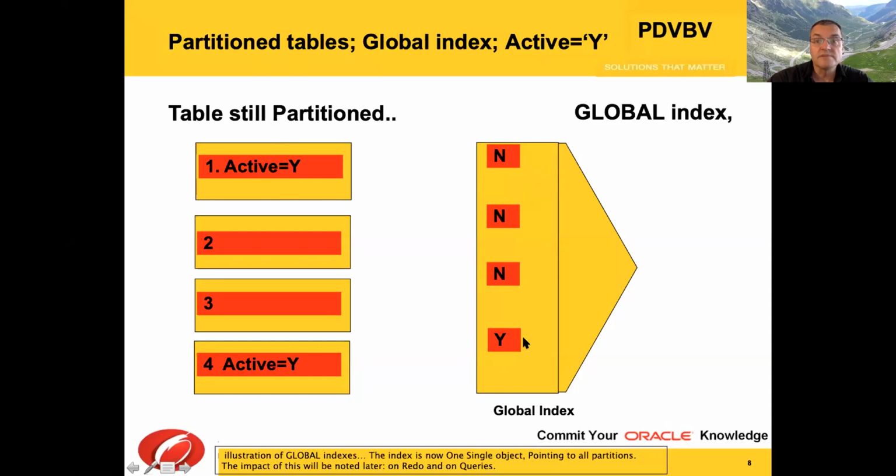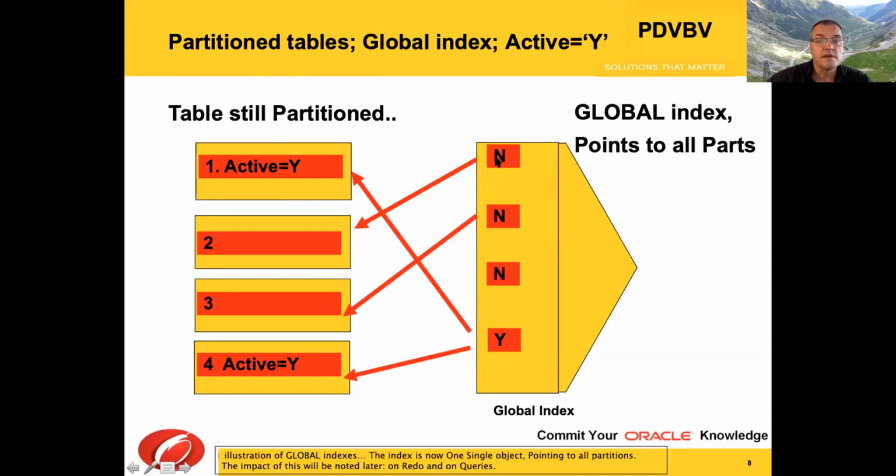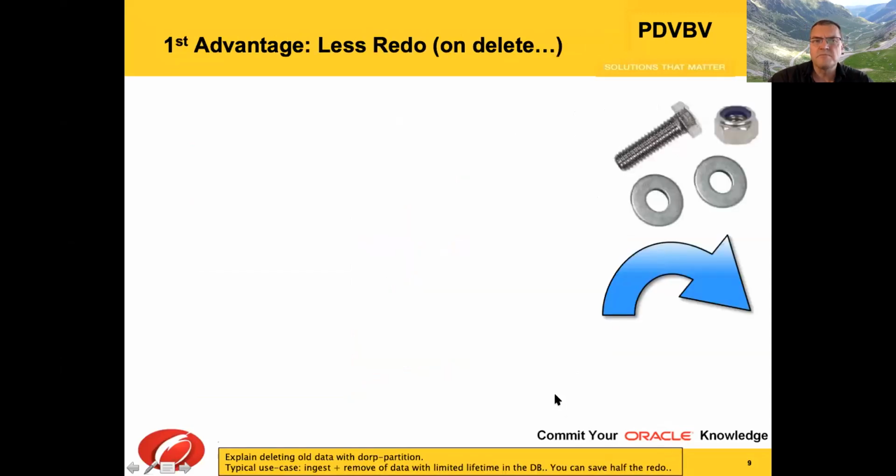The no entries will point to records all over the table, and the yes entries will point to records all over the table. So this global index is linked to all of the partitions. And that's where the problem comes in a moment.